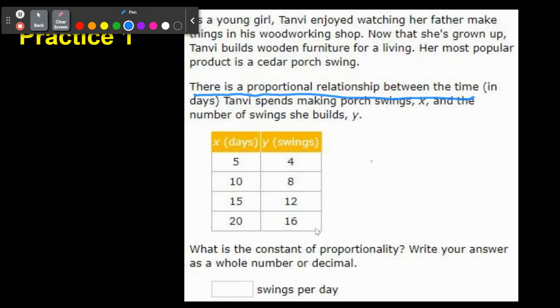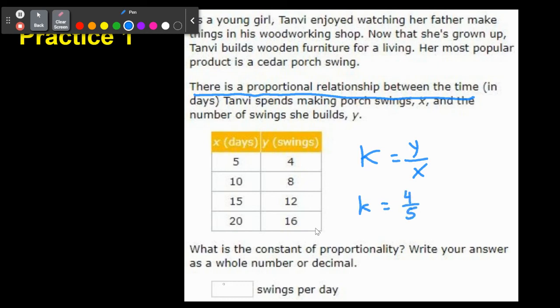All right, let's find our constant of proportionality. Since we already know this is a proportional relationship, we can take any data point and look at y over x, and that will determine our constant of proportionality. Let's just take these smaller numbers. I like small numbers. So k is equal to 4 over 5.